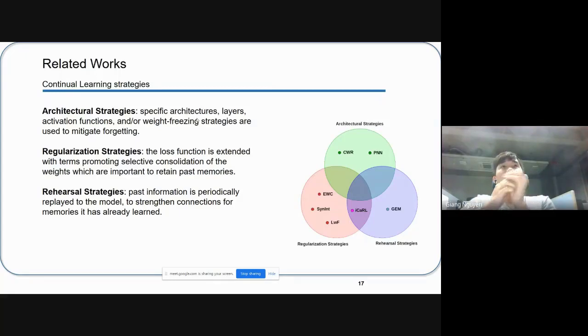And in regularization, we train the objective function, and we penalize the change, or we mimic the consolidation mechanism. Lastly, in the rehearsal strategies, we use the old data, or even we use pseudo data from a generative model.